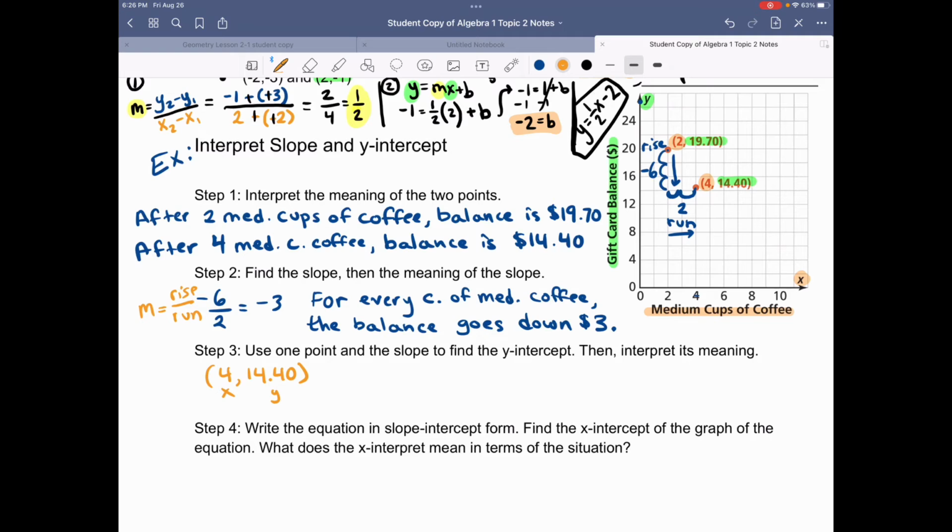All right. And then we also need the slope, and remember the slope was -3 from above. Now we need to plug those into y equals mx plus b. So we're going to use this for our x and y, and we will use this for our slope.